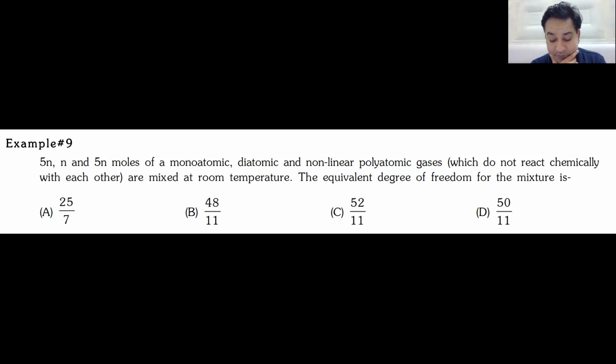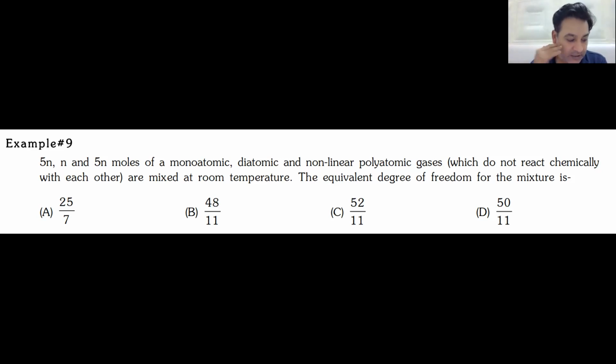Remember, degrees of freedom for a monatomic gas is how much? 3. For a diatomic gas? 5. For a non-linear polyatomic gas? 6. 3 for translational and 3 for rotational.